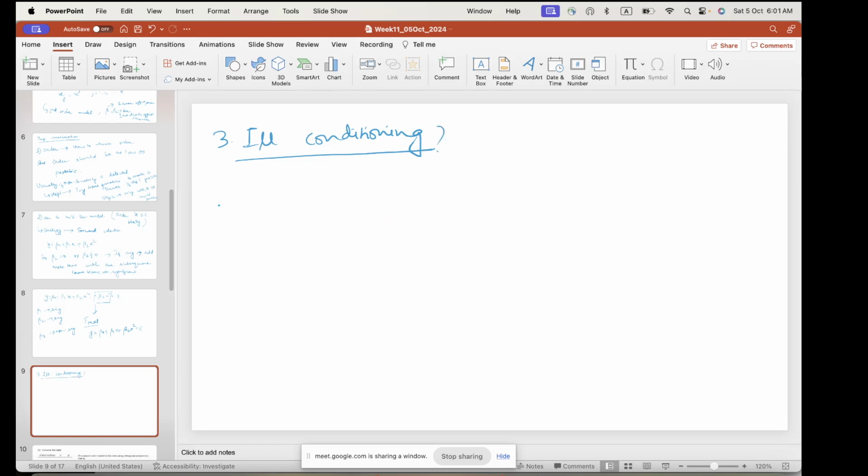And where does this problem arise? So, in a linear regression, y equal to X beta plus epsilon, the assumption is that the rank of X is equal to p.